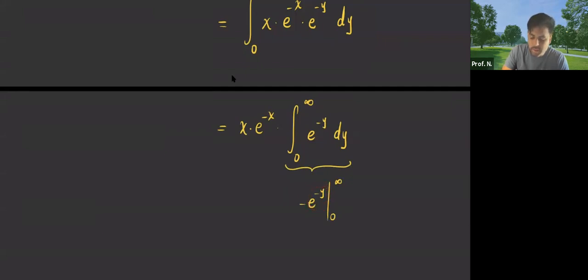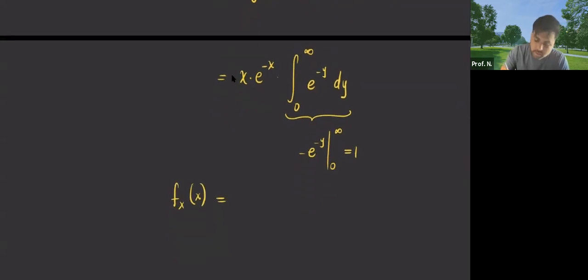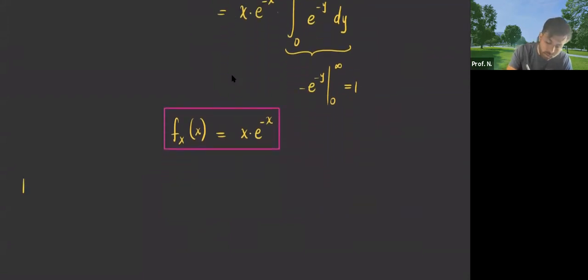And then if you plug in 0 here, this becomes positive 1. So this equals positive 1. So the marginal density function of x is simply x times e to the negative x.